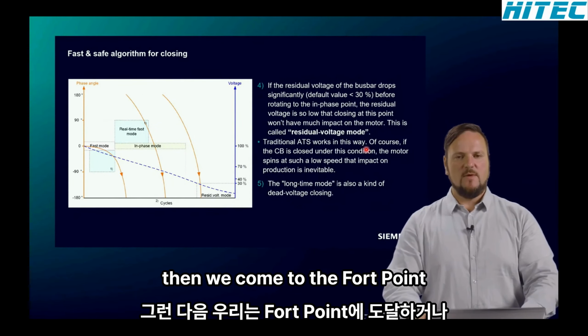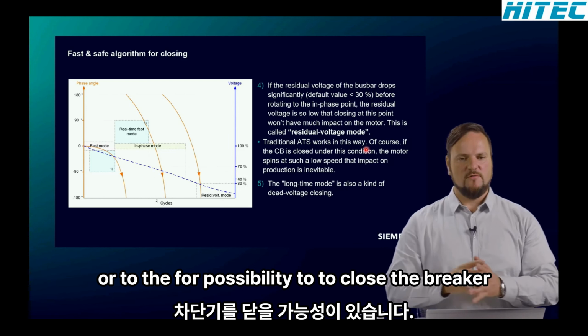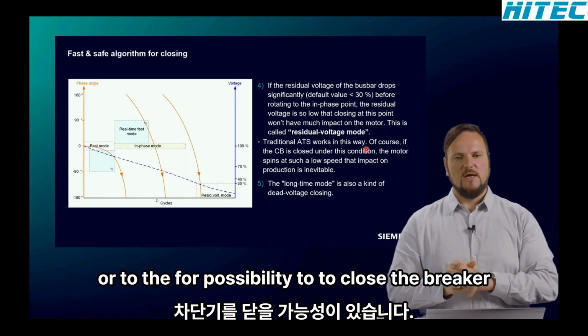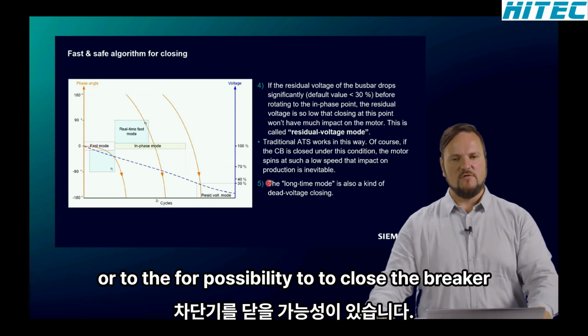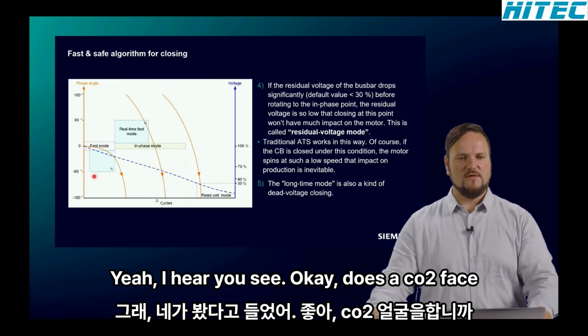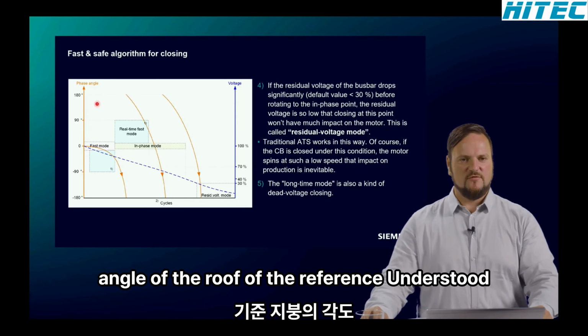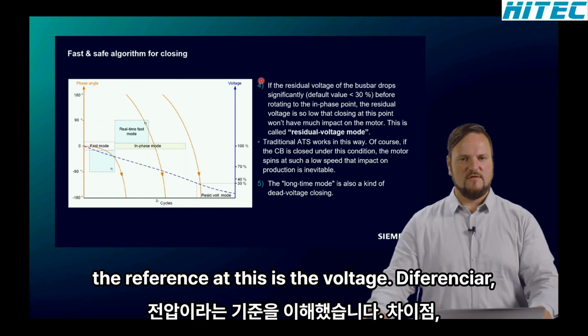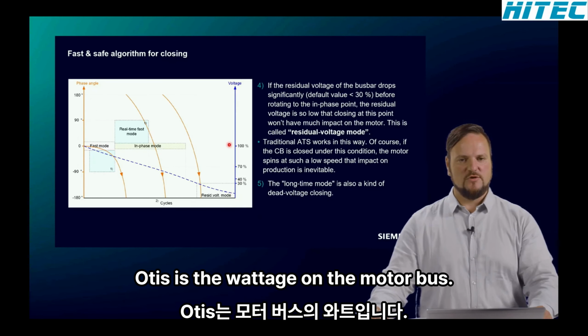So then we come to the fourth possibility to close the breaker. Here we talk about fast closing. Here you see this is the phase angle of the residual voltage to the reference. And this is the voltage difference, or this is the voltage on the motor bus.